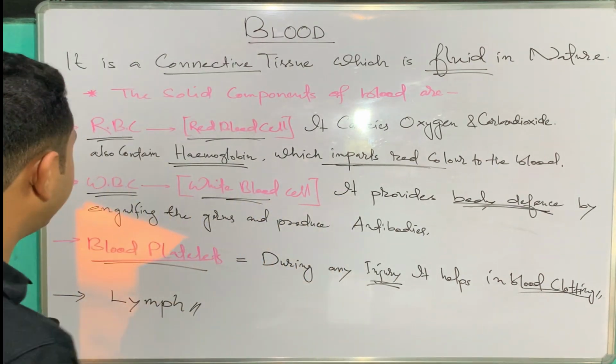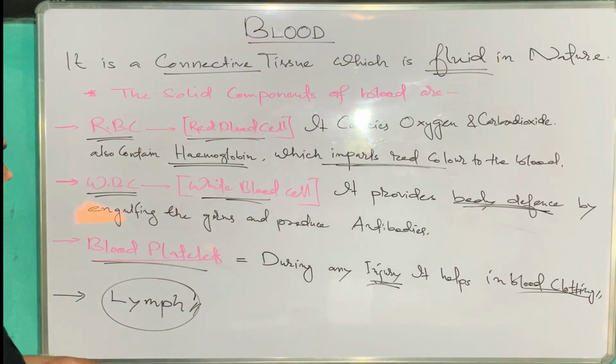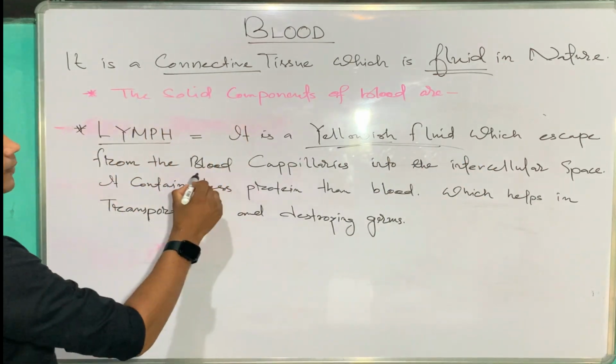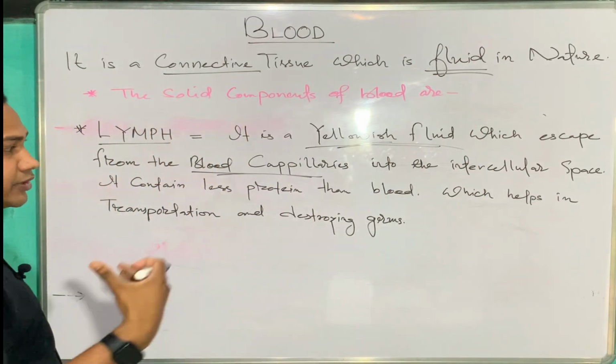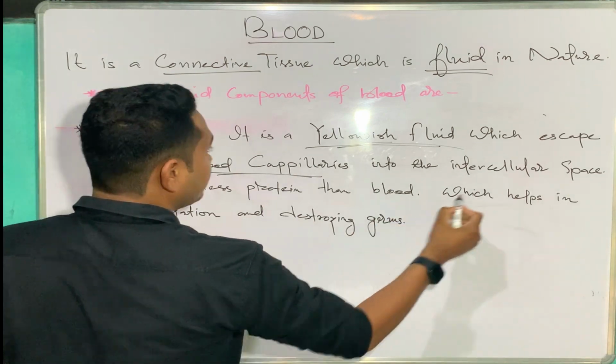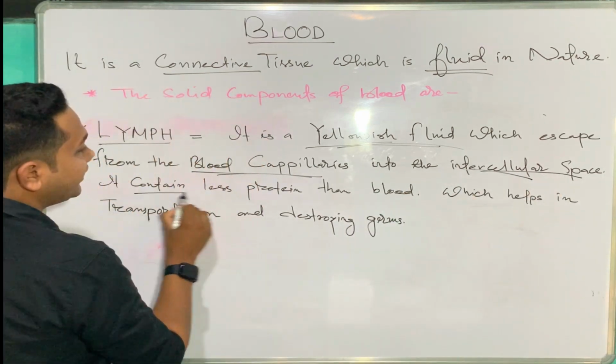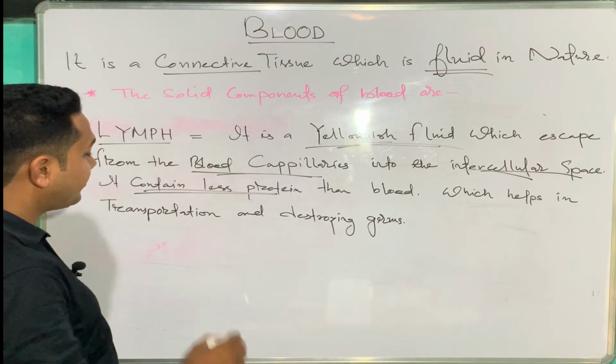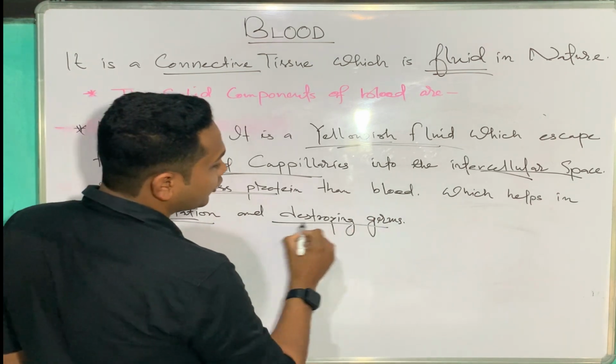Now let us try to understand the lymph in detail. Lymph is a yellowish color fluid which escapes from the blood capillaries into the intercellular space and contains less protein than blood, which helps in transportation and destroying of germs.